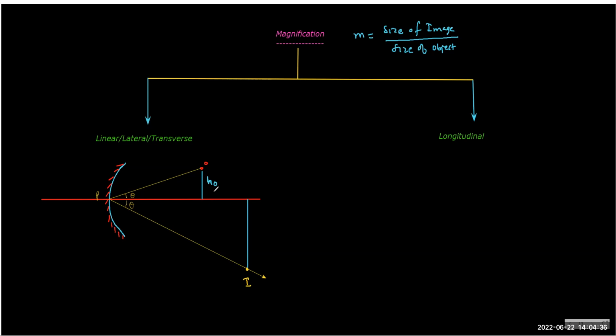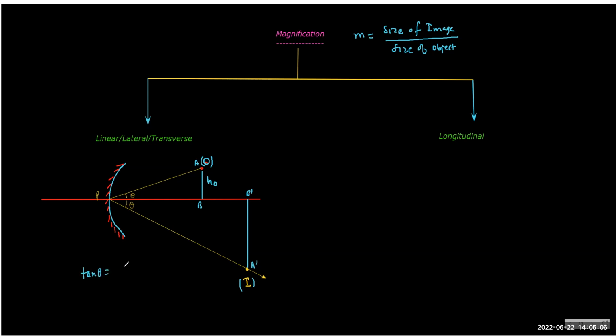So I can call it O. Let's call it A, B. This is the object. A becomes here A dash, B becomes here B dash. And this is the image. So from similar triangles, or whatever you choose, you can just write a one line answer. You can write tan theta, and theta is going to be the same.